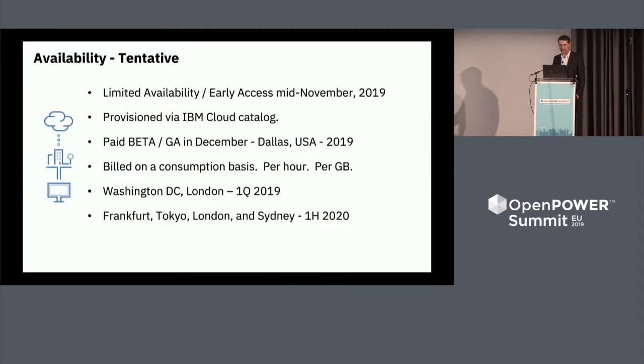Okay, so we're getting to the end of time here, and I just want to talk about the availability that's tentative. So later this month, we are hoping to enter the external beta phase. And we're hoping it will be a no-charge beta phase. So if you're interested in that, or if you know clients that would be interested in being a part of the beta, you've got a certain use case you want to try out on these Power instances, then let us know.